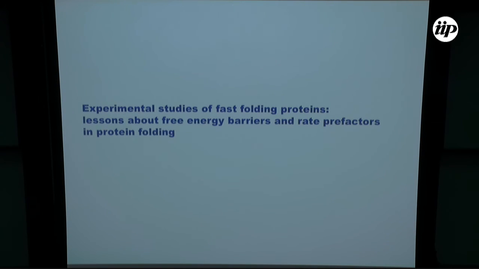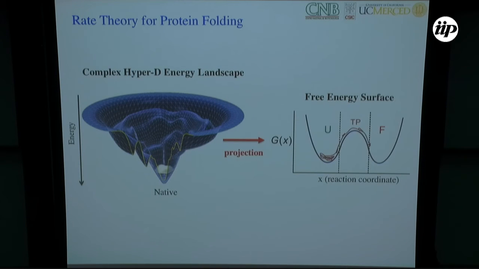So in this case, obviously, and I don't have to talk much about this, but the idea is, I'm going to talk a little bit about rate theory from the point of view of experiments, right? So normally, and this is something that we can do nowadays with certain confidence because of Jose's and Peter's work on this. The idea is that you can get all this complicated energy landscape, you can project it, right? And here goes to the reaction coordinates that I guess Jonah was talking about.